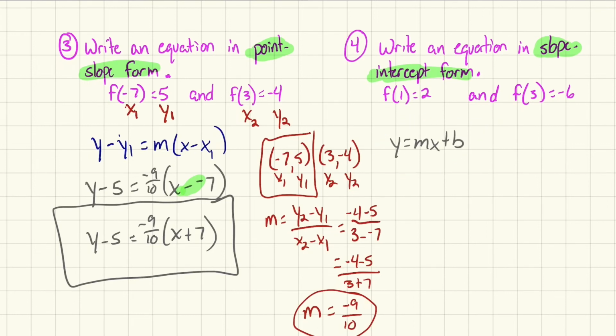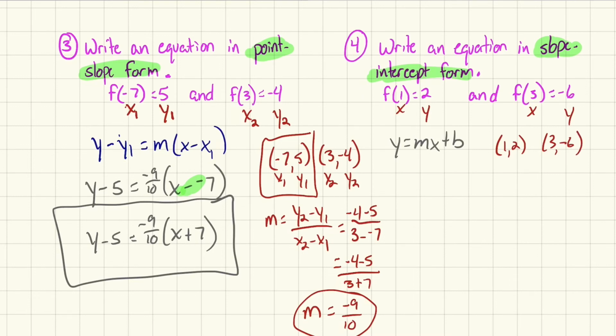And we've got to go back and pull our points again, right? Remember, inside the parentheses is an x, outside is a y, inside the parentheses is an x, outside is a y. That gives us 2 points, 1 comma 2, and 3 comma negative 6.